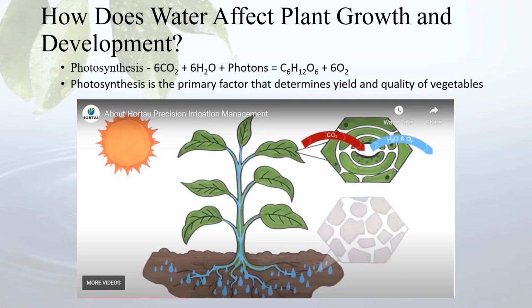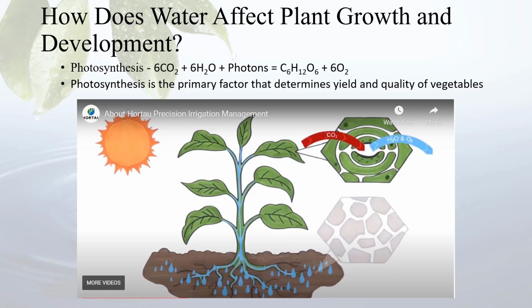Additionally, water is required for photosynthesis, right? And I've mentioned that process multiple times now in this lecture, right? It's an integral part of photosynthesis. And without water, you cannot have photosynthesis. And thus, without photosynthesis, you're not going to have plant growth, right?